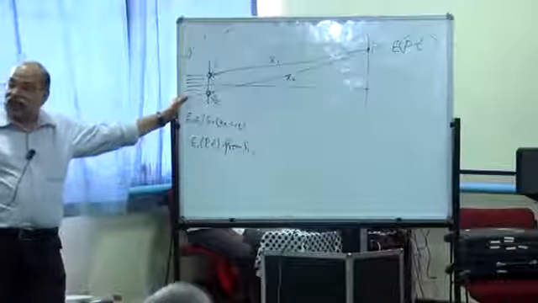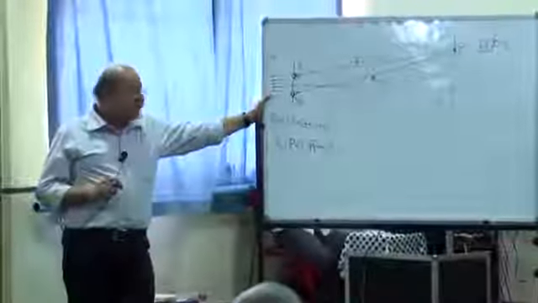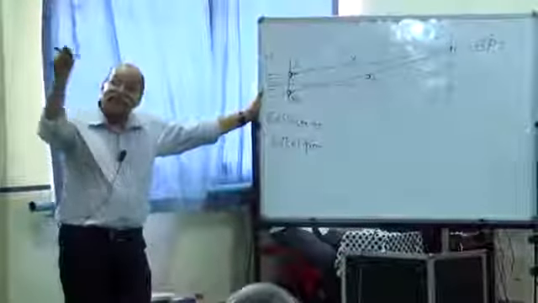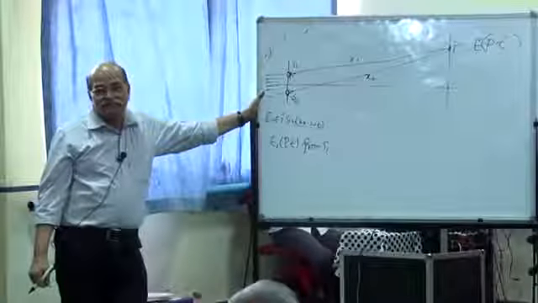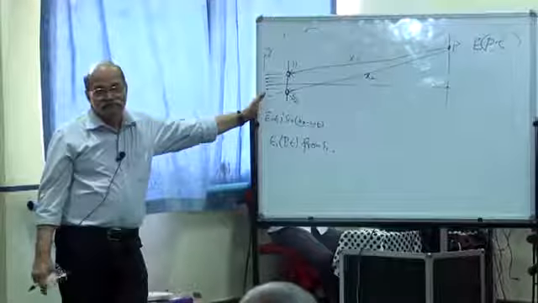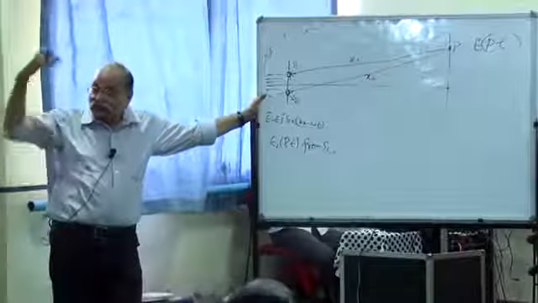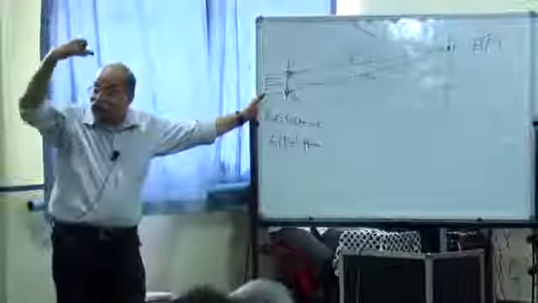This must have originated from S1 at a time t minus x1 by c, because it takes time x1 by c to travel from S1 to reach that point P.